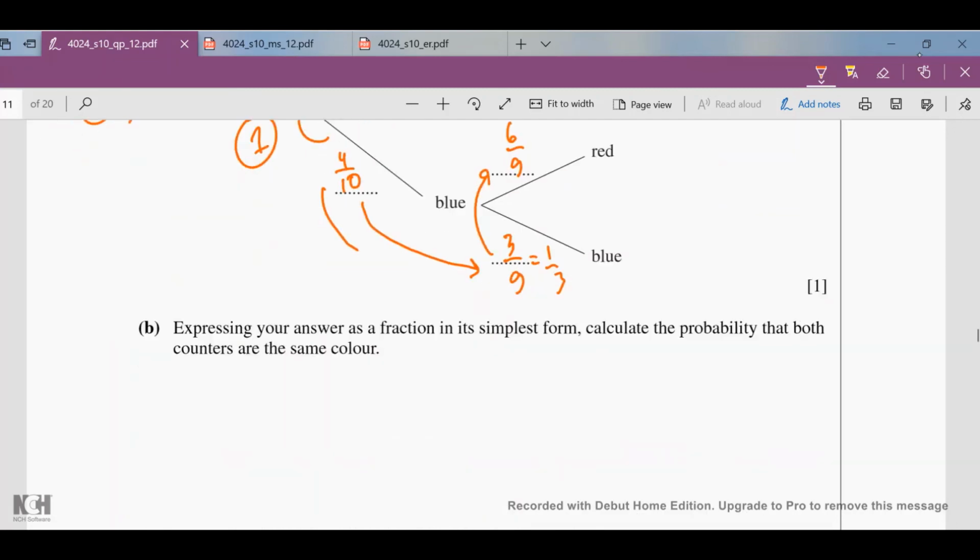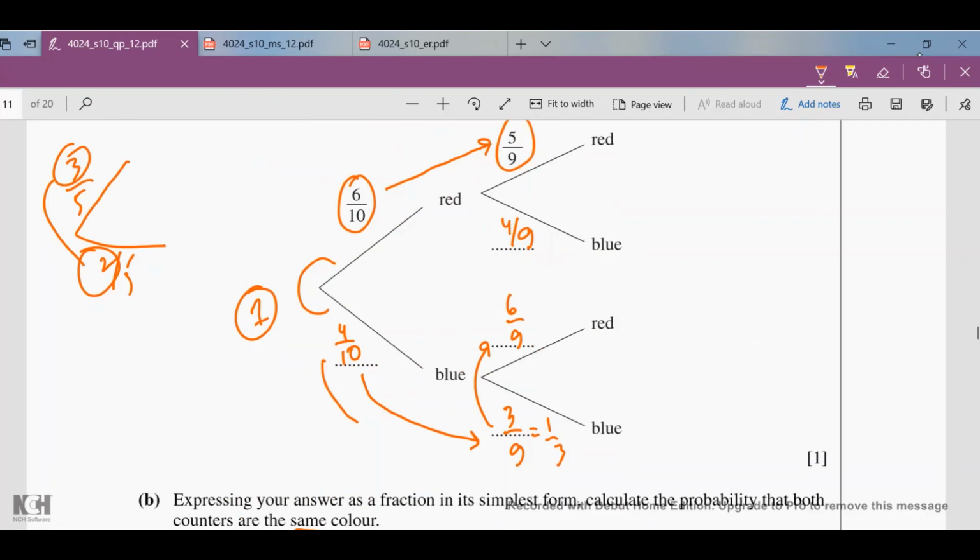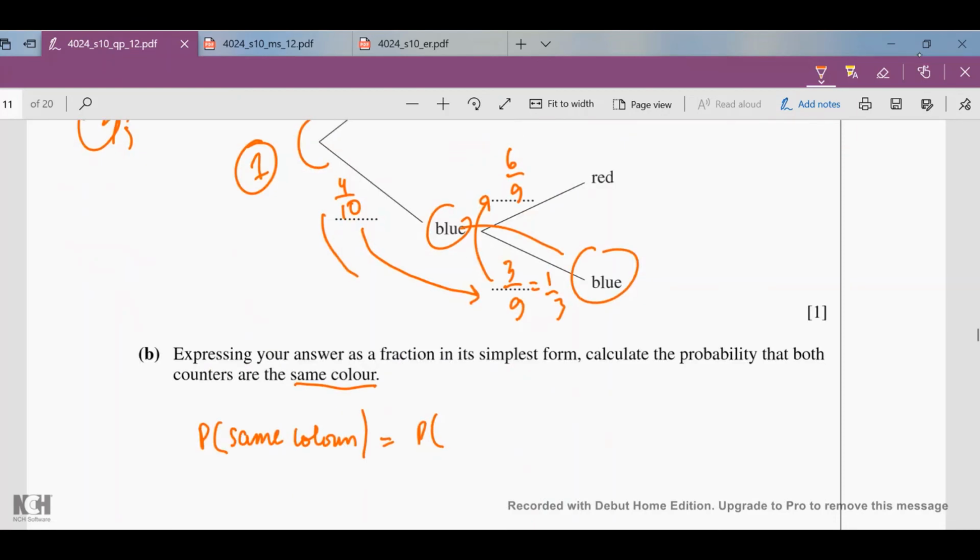Expressing your answer in simple form, calculate the probability that both counters are the same color. The probability of the same color means both counters can be red and red, or blue and blue. So we have two possibilities, not one.